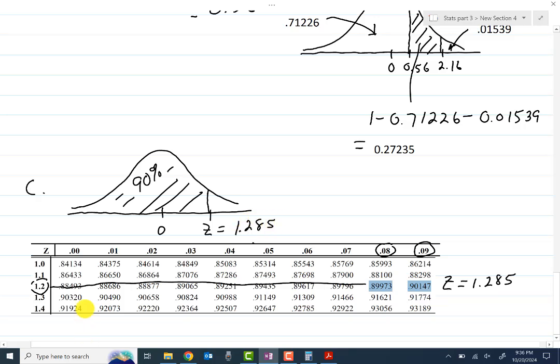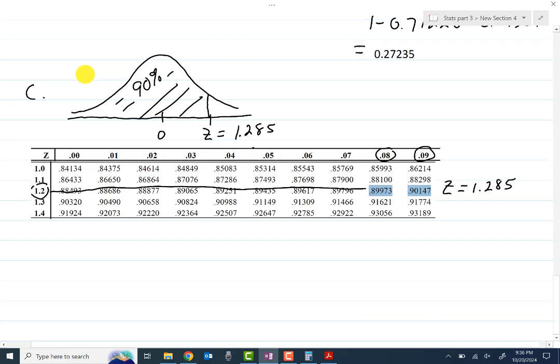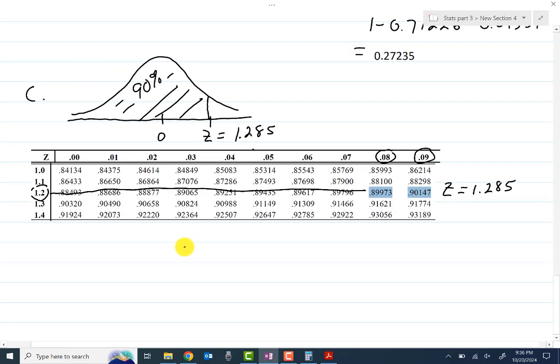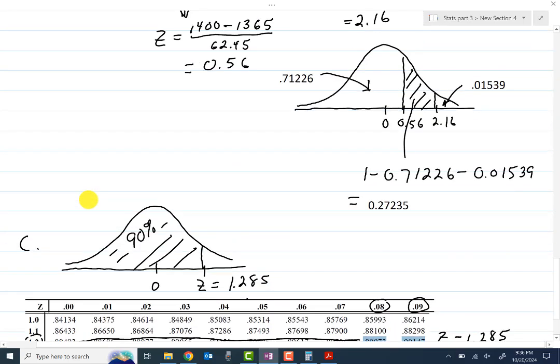And now let's go ahead and try to solve for the sum. So what we're going to have here then is z is going to equal the sum of the x's minus n times mu x all over the square root of n times sigma x. And where were these things?